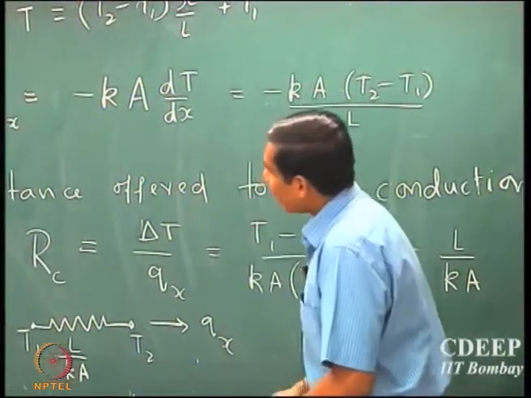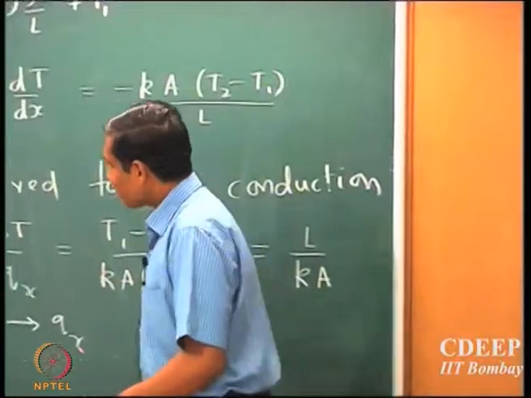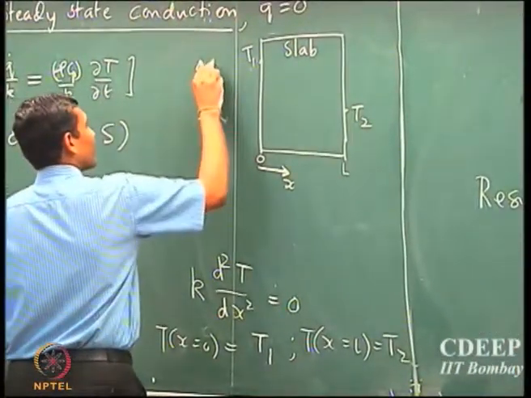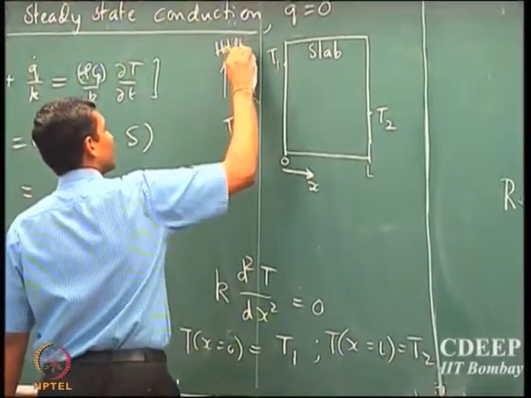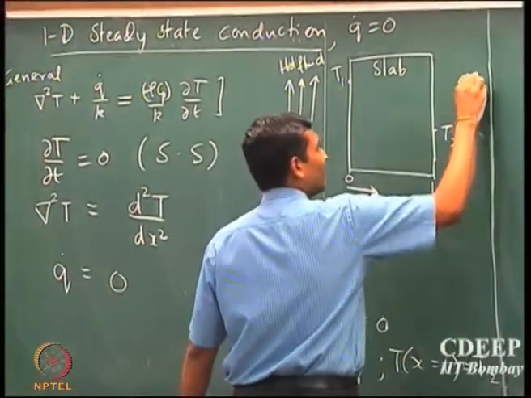Alright, so we can now add a small addition to it. Let us say that there is some fluid which is flowing on both sides. Let us say I call this the hot fluid, and I call this the cold fluid.